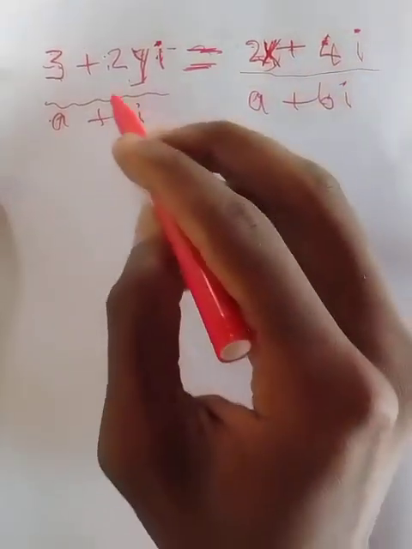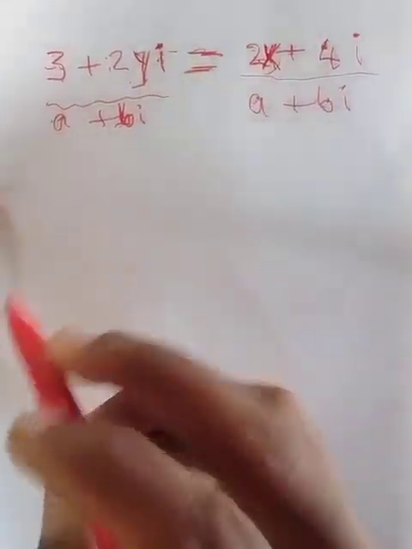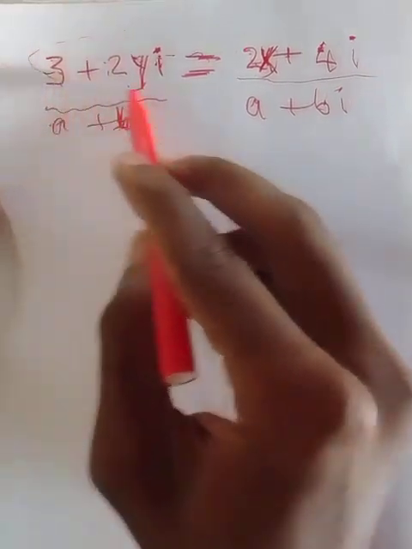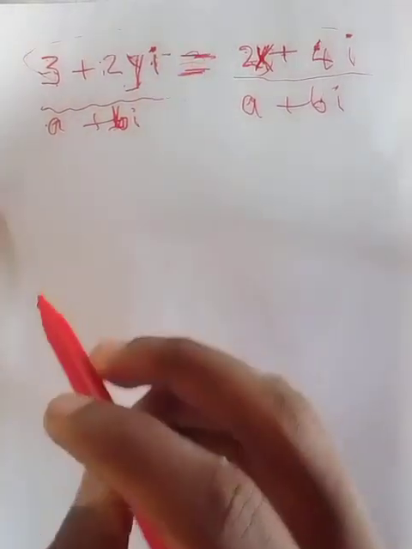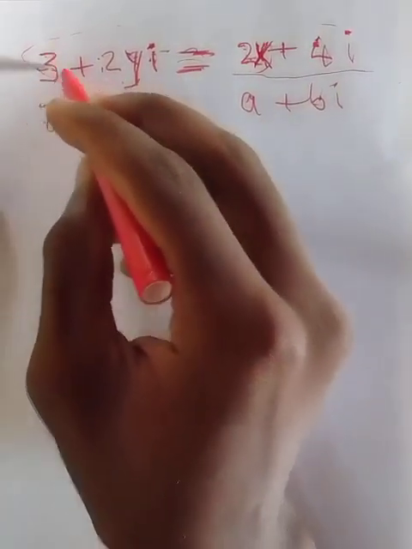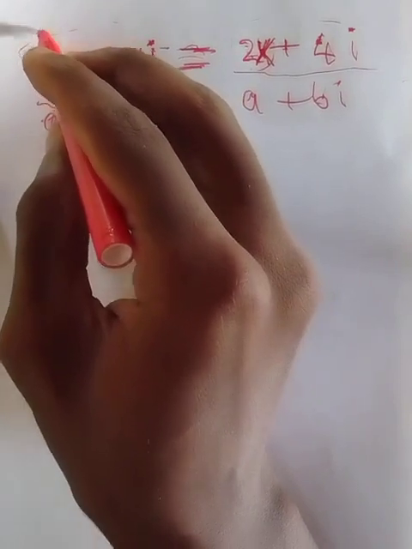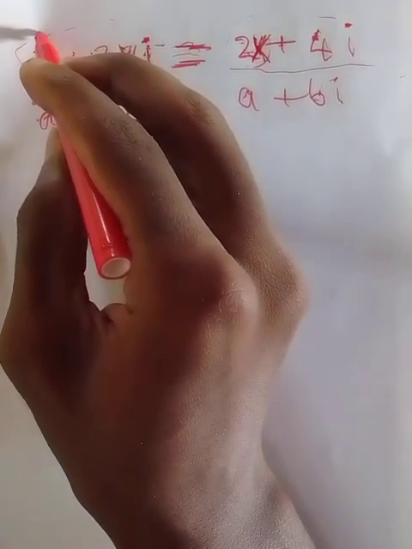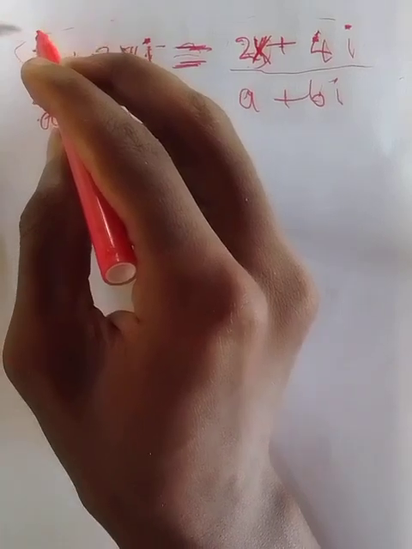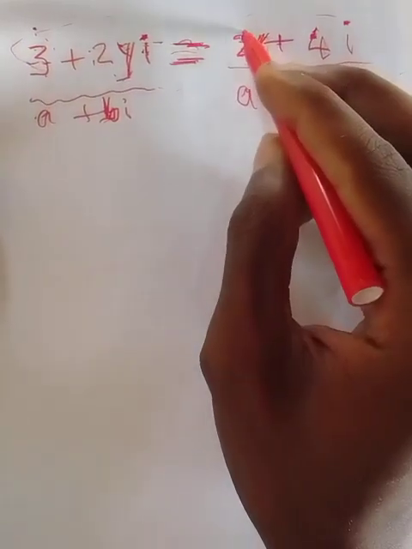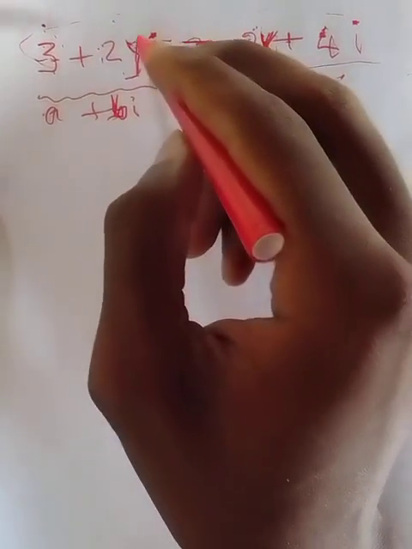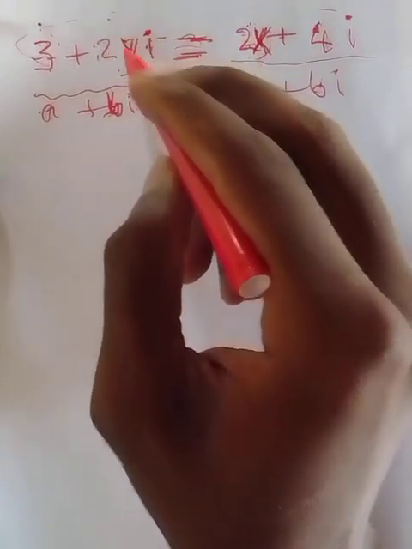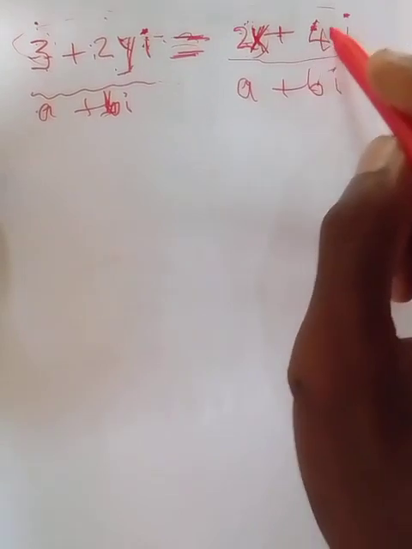So every time you see a complex number and another complex number separated by an equal sign, it is the same as saying that the real part of the complex number on the left hand side is equal to the real part of the complex number on the right hand side, and the imaginary part on the left hand side is equal to the imaginary part on the right hand side.